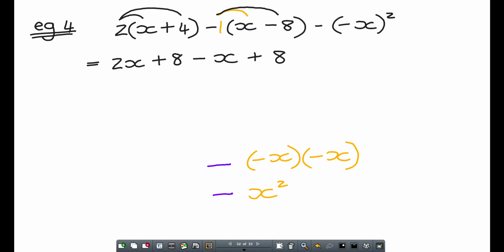Do not think that I can sort out those two first, because then you're going to end with a positive, which isn't true. Okay? Stick to BODMAS. First sort out your brackets. So this will then be minus x squared.